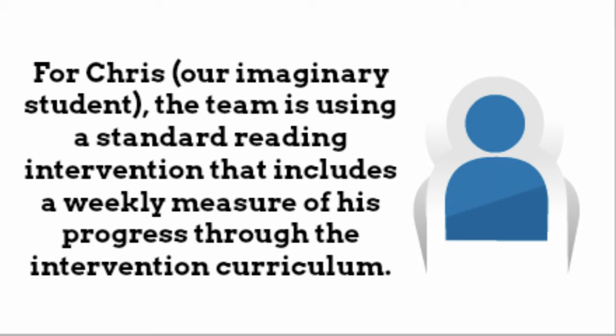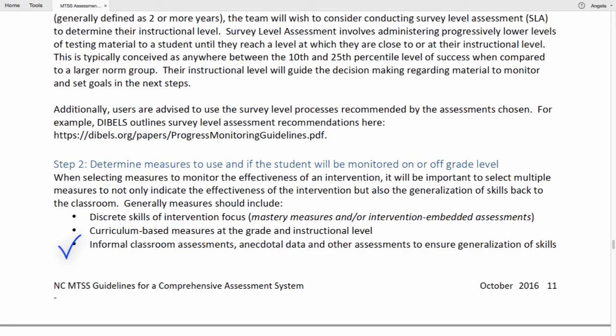And this would be what would be graphed with a trend line and an aim line and a goal set within that material because he's significantly below. Last, we would take into account other classroom tests in the area of concern, other teacher observations, and other anecdotal data that's already being collected to ensure that Chris is generalizing.